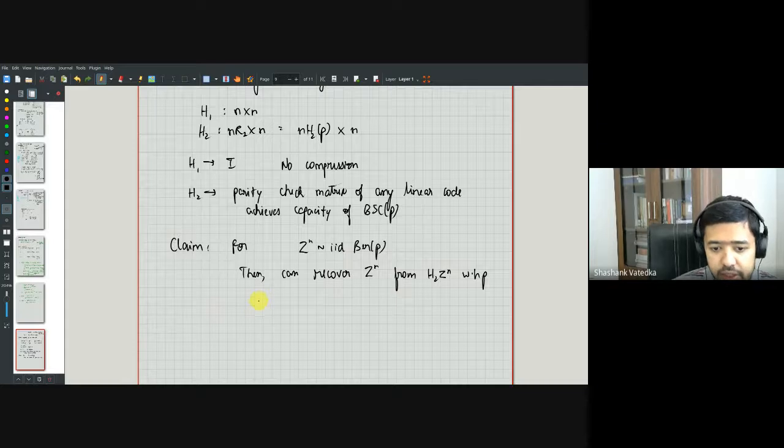So basically there is some decoder for which the probability of decoding Zn from H Zn is not equal to Zn is vanishing in n. Okay, so let's say this is 1 over n.